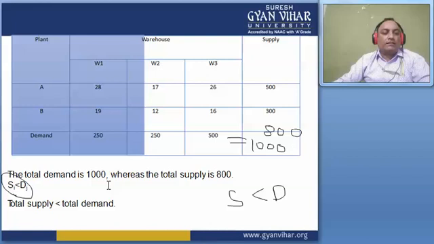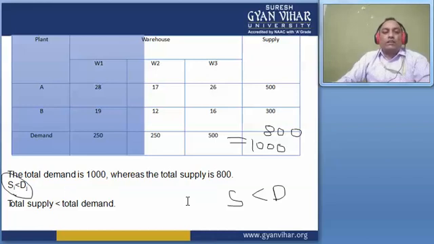This is the second problem, related to the unbalanced problem. See the example. Here the demand is 250, 250, 500, and the total demand is 1000, but the supply is 500 plus 300, which is equal to 800.